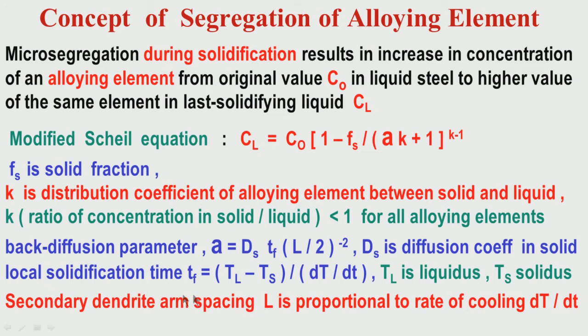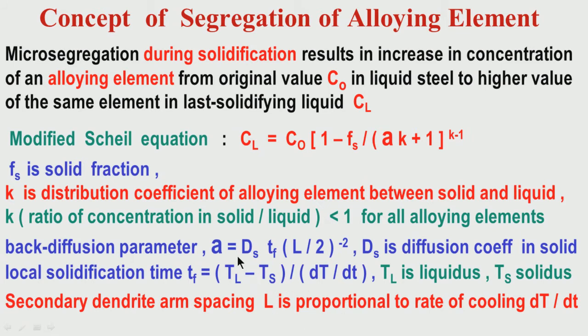The dendrite arm spacing capital L, here you find there is a capital L in the figure. That is the dendrite arm spacing. Here L is proportional to the rate of cooling, as I have told earlier, and the local solidification time depends on the solidification temperature interval divided by the cooling rate.